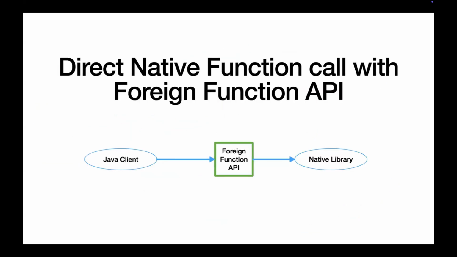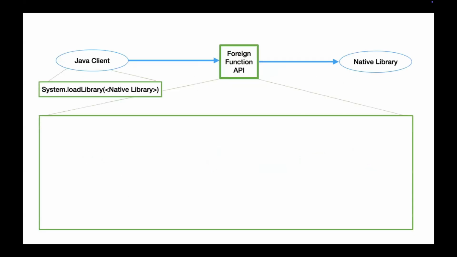And then how do you implement all this into your Java client? So first you can already load the actual library you want to talk to. So you don't have to write a second library which calls this actual library you want to talk to.